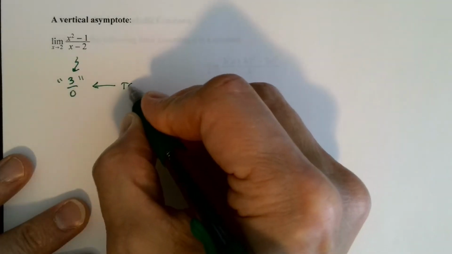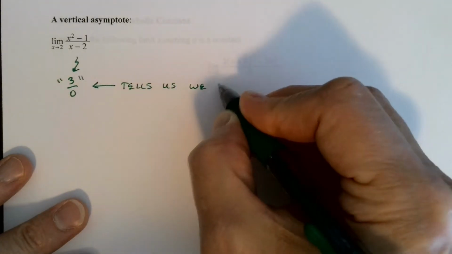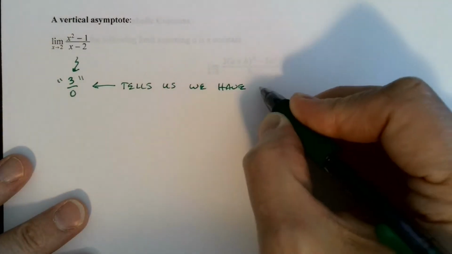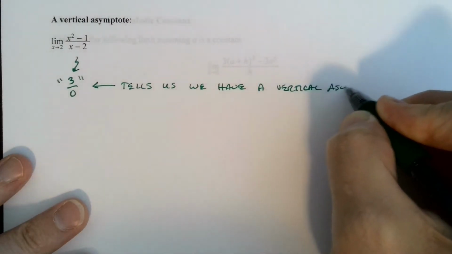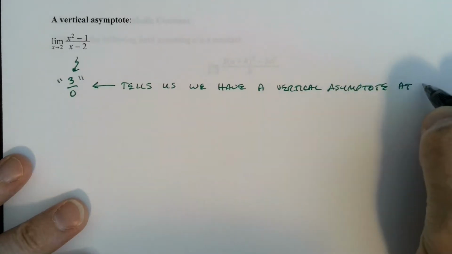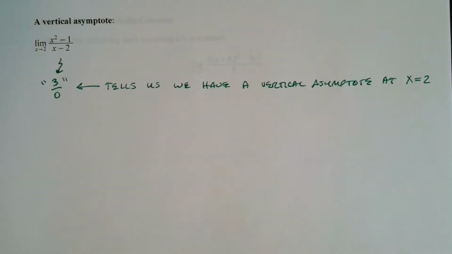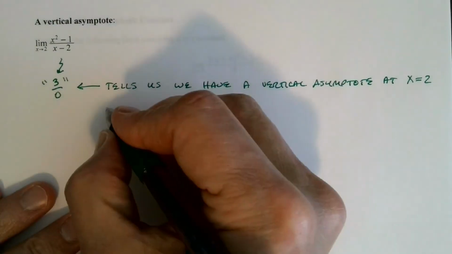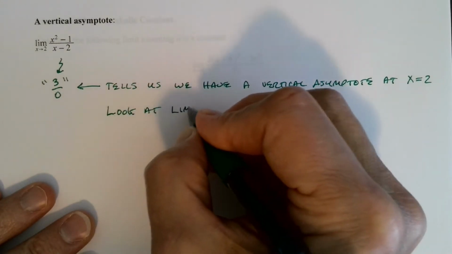This tells us we have a vertical asymptote at x equal 2. Now, the minute we have this, we need to take a look at the limits from the left and right.